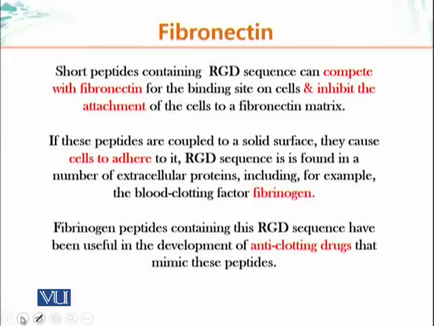And this is also found in a number of other extracellular proteins, for example, the blood clotting factor fibrinogen. Fibrinogen proteins contain this RGD sequence, and they have been useful in development of anti-clotting drugs that mimic these peptides.